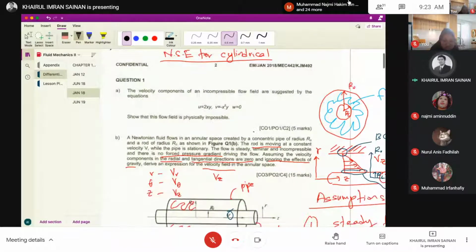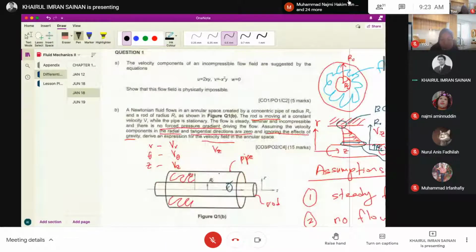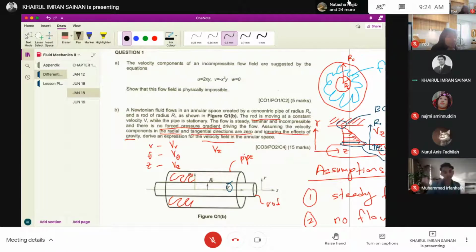So for this case, it looks something like this, right? This is where the fluid is positioned. The space is created by a concentric pipe of radius r outer and a rod of radius r inner. This one is the rod, this one is the pipe, as shown in figure Q1b.